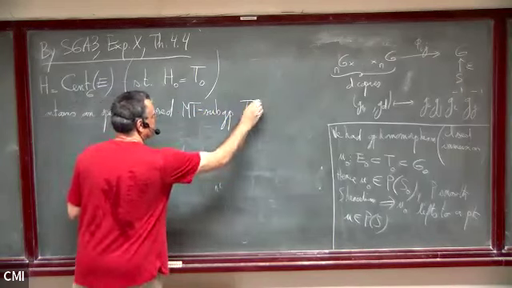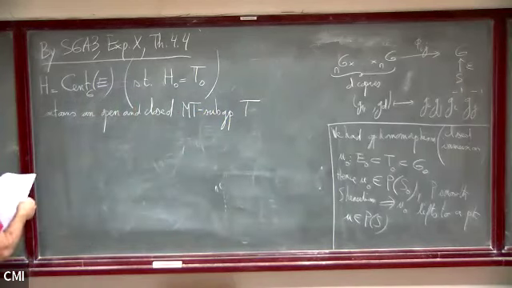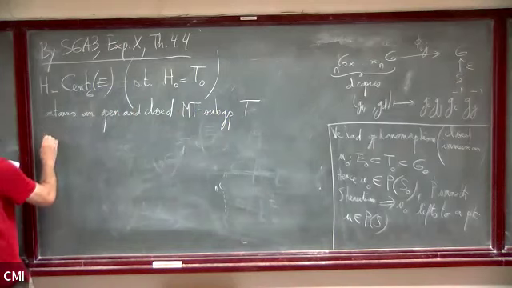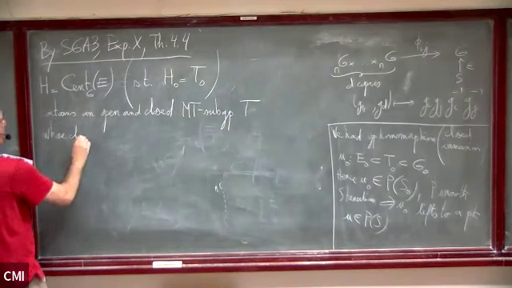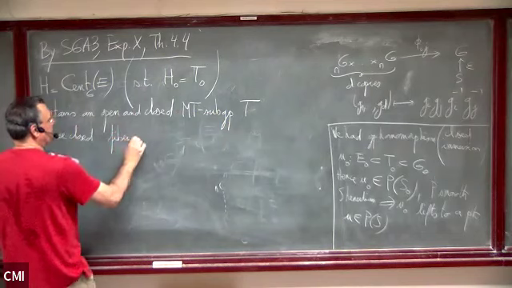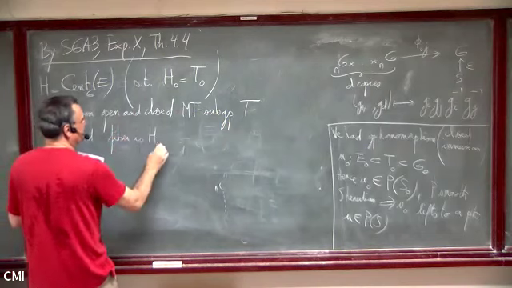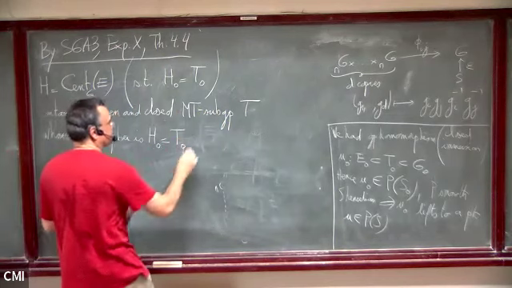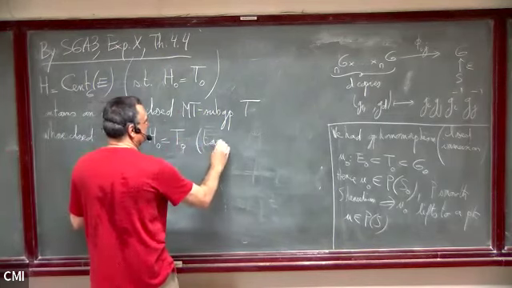Let us call it T, whose closed fiber is that of H0, which is T0, which is a torus.